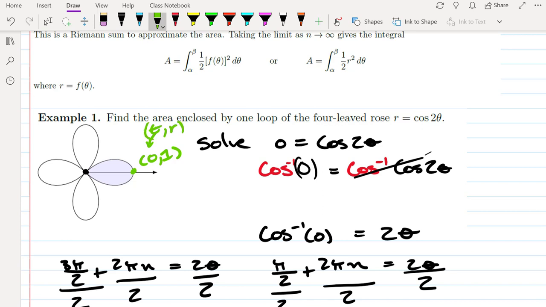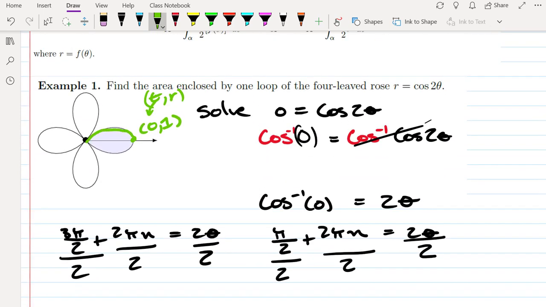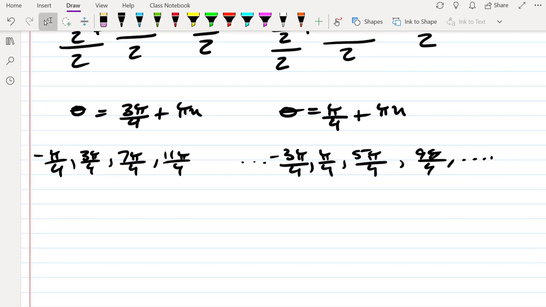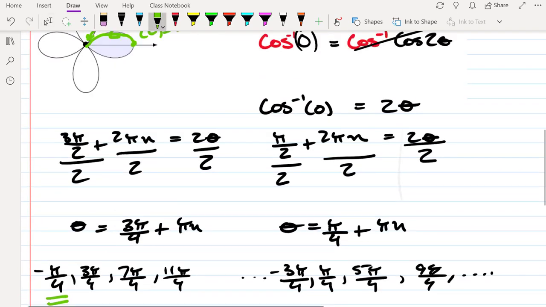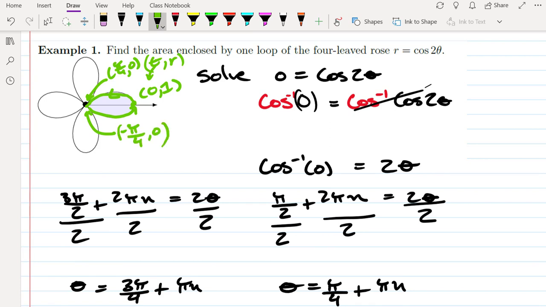And then it's going to travel to our first 0, which is at pi over 4, moving in this direction to this point at pi over 4 and 0. So then to move backwards, we would actually see that negative pi over 4 over here would be the other 0 for that.